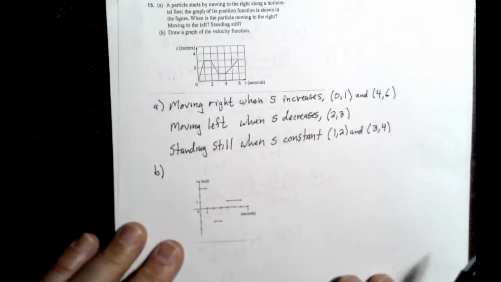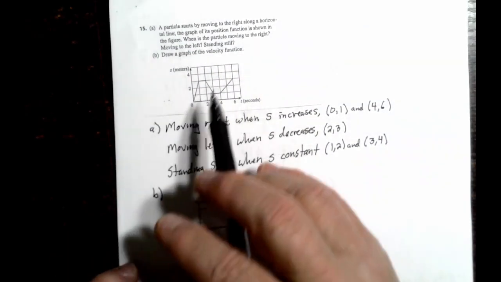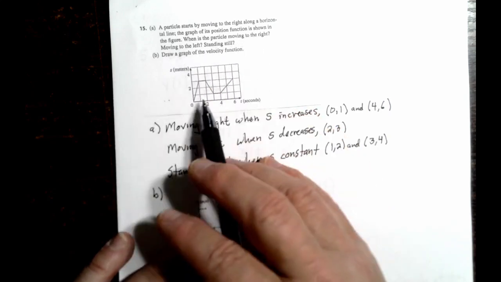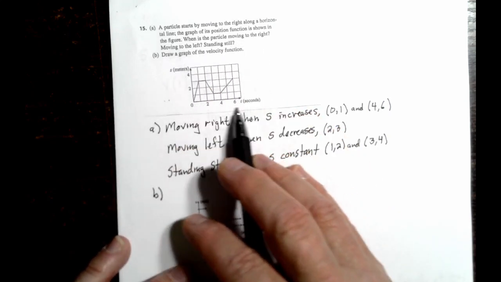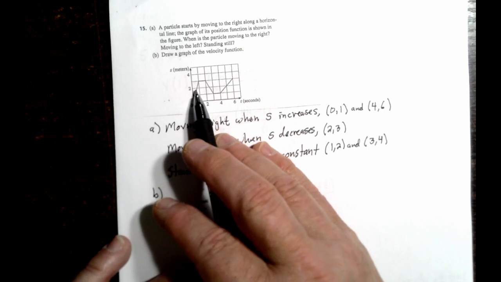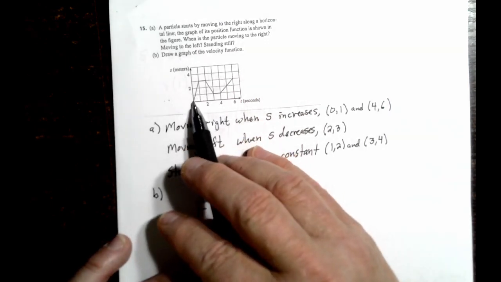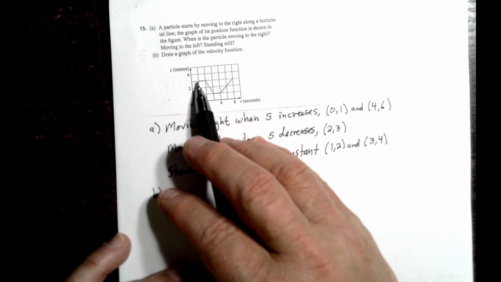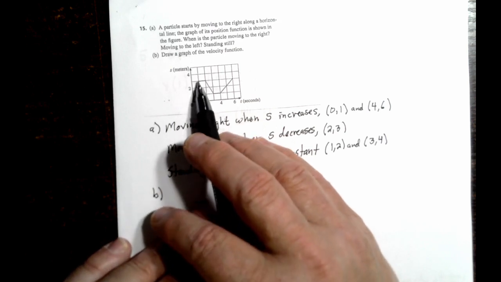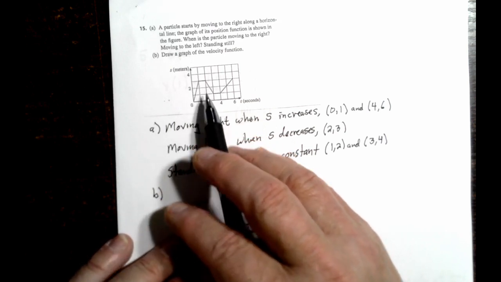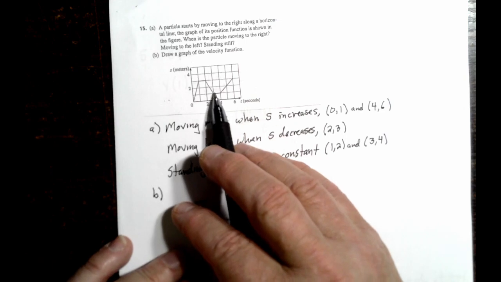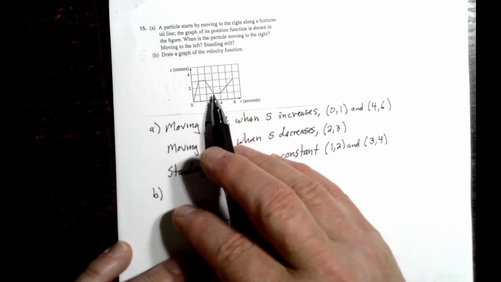In this question they ask you to interpret what's happening in this graph. This is as time goes by, this is how many meters you are from a certain point. And so this is a person after 1 second has advanced 3 meters, and then 1 more second they've advanced 0 meters, and then 1 second later they've come back 2 meters.